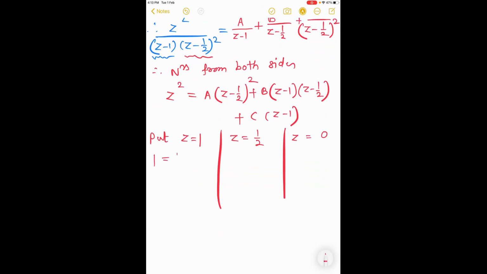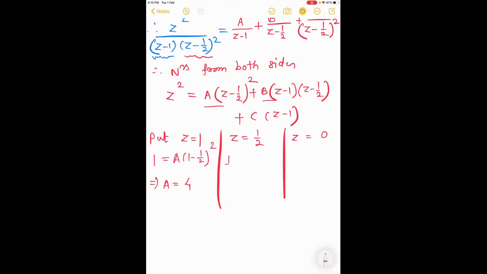Right-hand side is A into (1 minus half) square, the rest is 0. Half square means 1 by 4. So what is the answer for A? A is 4. Similarly, if I put z equal to half, the A and B coefficients will be 0 and I'll get the answer for C.